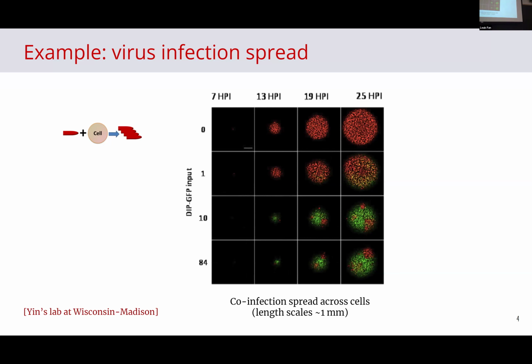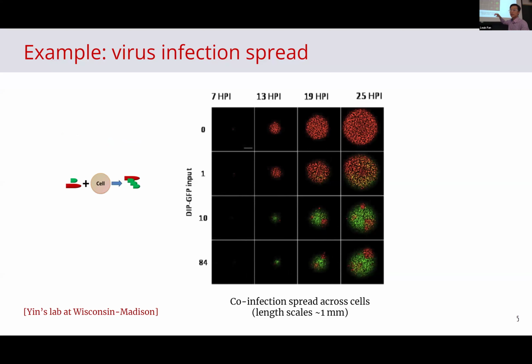And then the virus will release its genome and turn the cell into a factory to produce virus progeny. Now that middle cell is co-infecting over time. Virus will bud out of the cell and then infect neighboring cells. And so over time, the population of infected cells will grow in size. So these are the first 4 images.